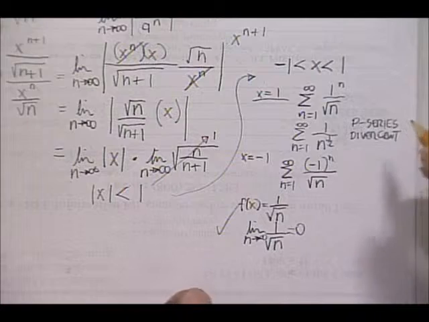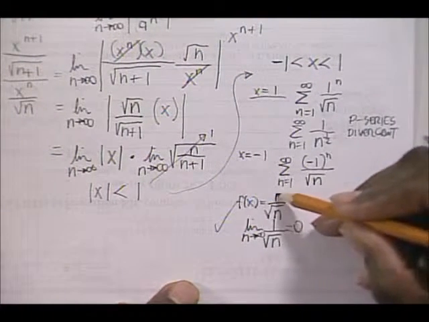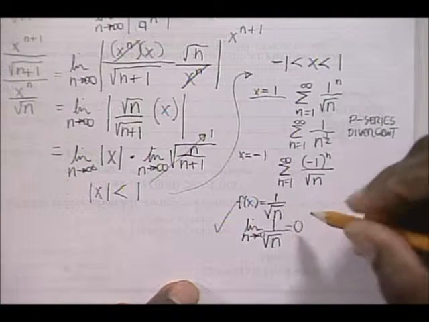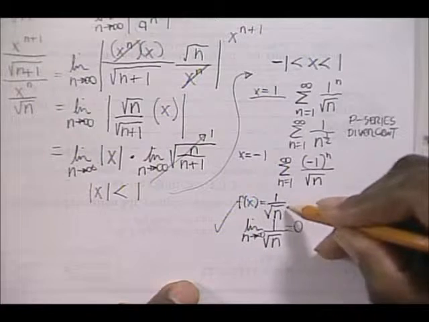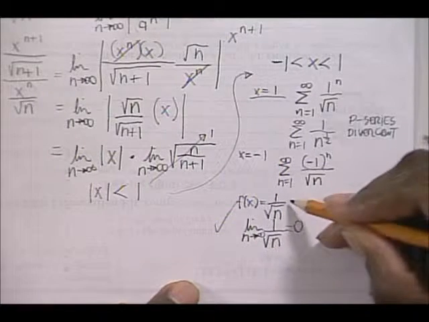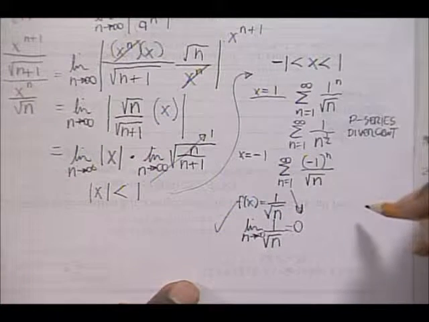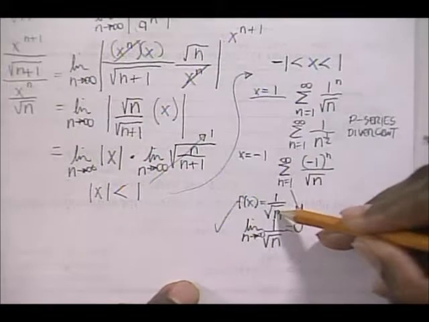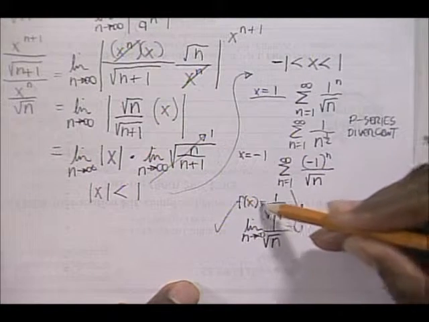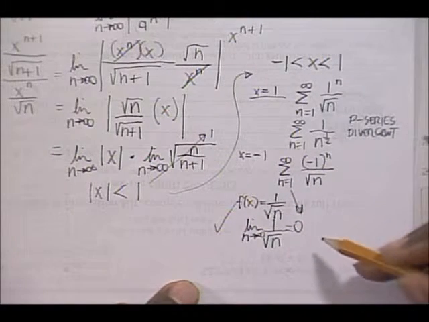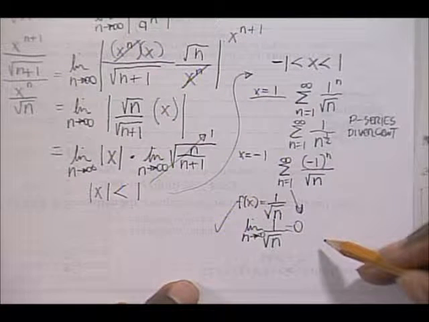The second thing that you need to check is, if you've got this f of x equal to 1 over radical n, as n gets larger and larger, this function has to be getting smaller and smaller. And I hope that you see as n continues to get larger, that would force this overall function to get smaller. So those are the two criteria that you would need to check.